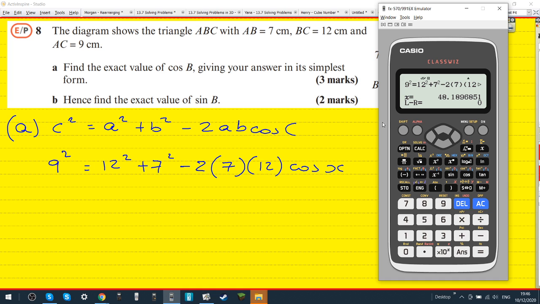Okay, but they said exact value. Press answer equals. I got 48.89. Looks like we have to do it the old-fashioned way then.